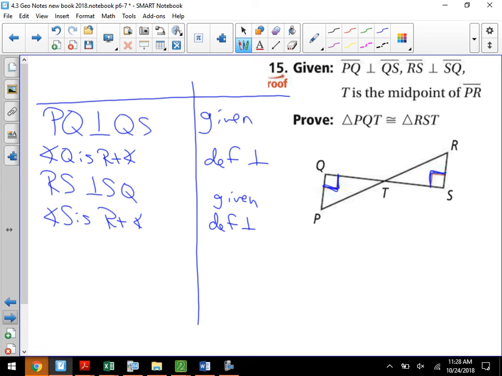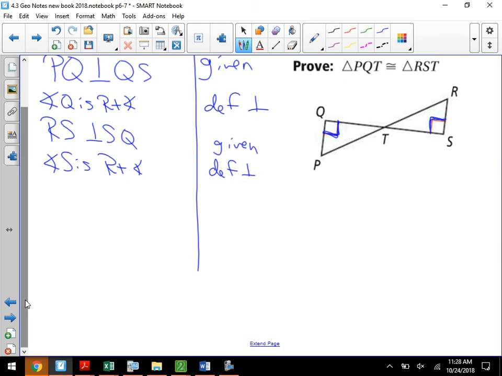What do you know about all right angles? Which means that we can say that they are congruent. You're not wrong by saying that they equal 90, but when you start looking at your proof, usually 90 degrees isn't going to get you anywhere.